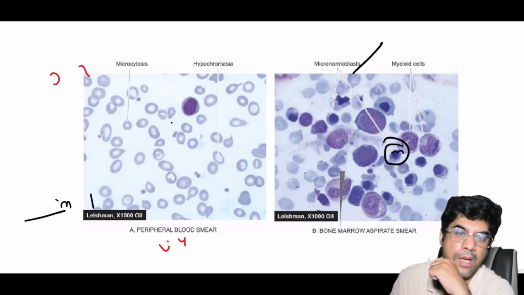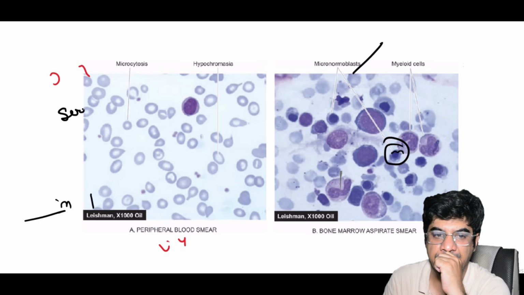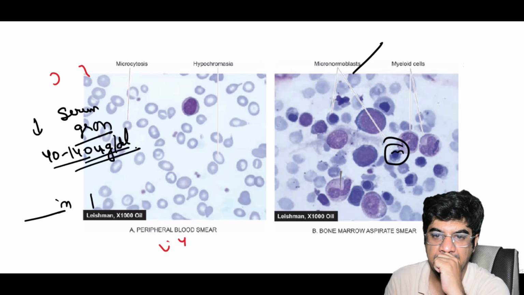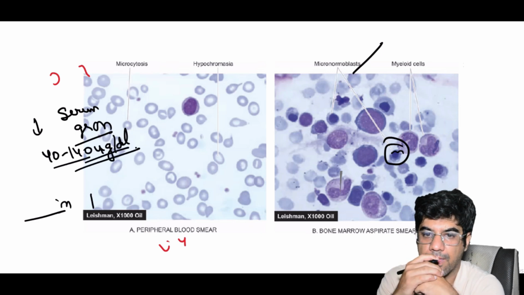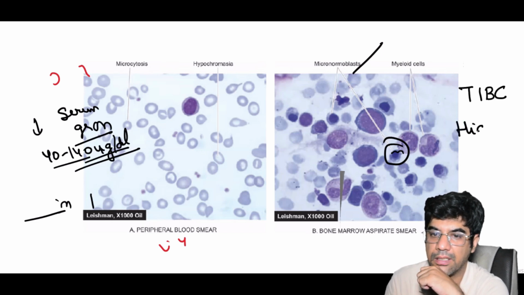Apart from that, the biochemical findings that you would see: the serum iron level is low. Normal value is 40 to 140 microgram per deciliter. The total iron binding capacity is high.